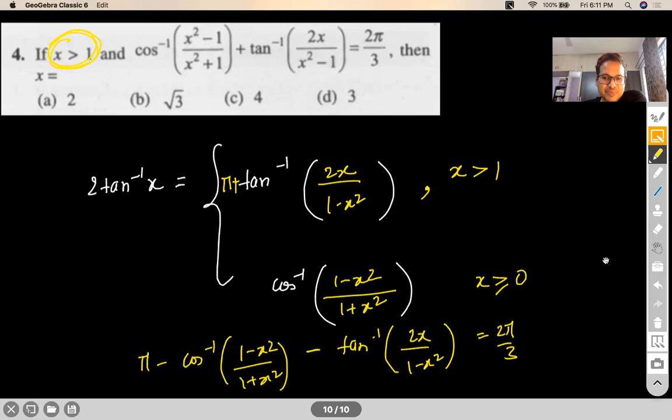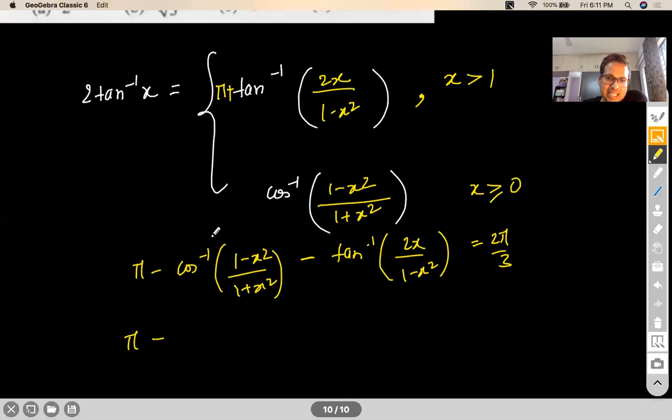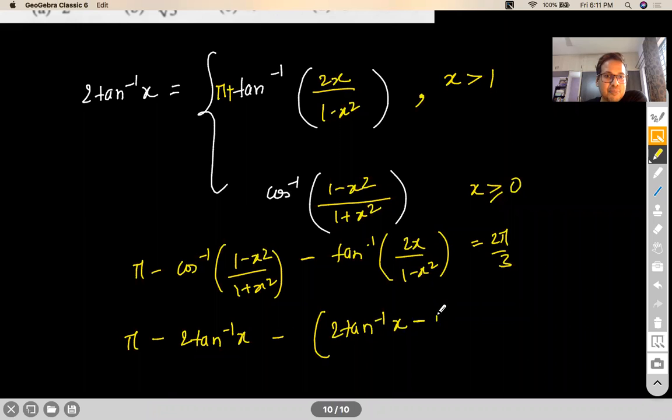Okay, don't get deceived. Now, can I write this as 2 tan inverse x, because this will match with 2 tan inverse x for x greater than 1. So x greater than 1 and x greater than 0 will follow the same definition. Minus, now here it will follow this minus pi. So 2 tan inverse x minus pi.